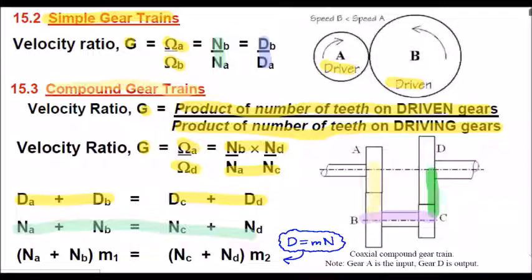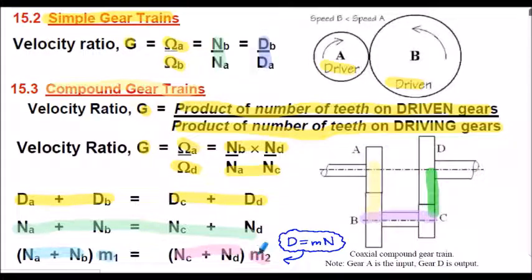Another relationship we'll look at later on, which is very similar to the one above, relates to the number of teeth on the gears on, say, this train here in this particular instance, multiplied by the module of the gears there. The modules for those gears must be the same if they're going to mesh, because that relates to the pitch of the gears. But we can also equate that to the number of teeth on this gear train here multiplied by its module.